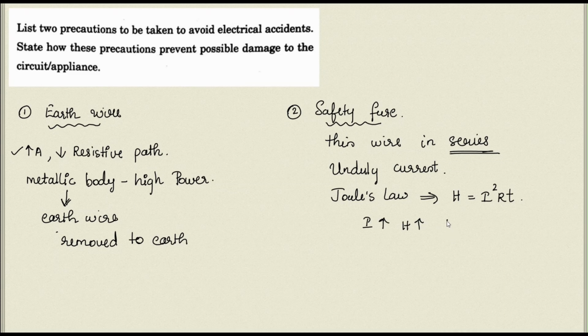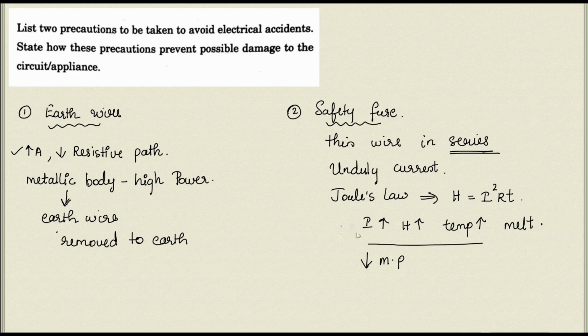Due to this heat energy, the temperature of the wire will be raised. If the temperature of the wire is raised, definitely this fuse wire will melt because fuse wire has a very low melting point. Very low melting point metals are used to prepare fuse wires.